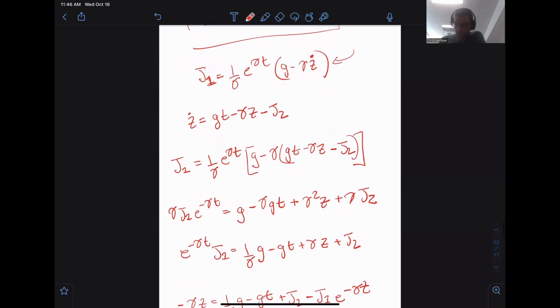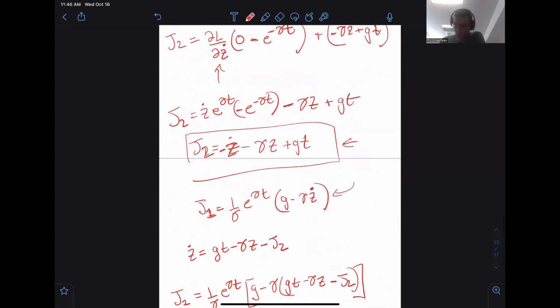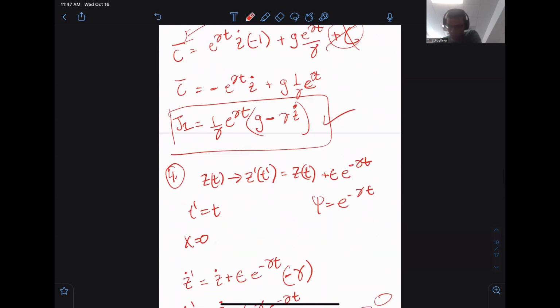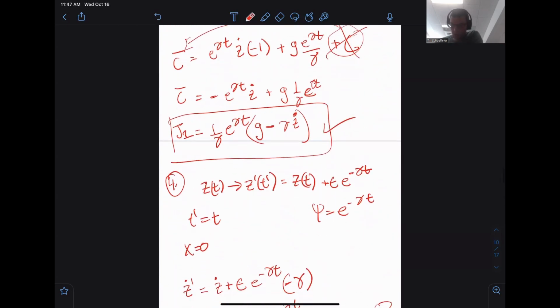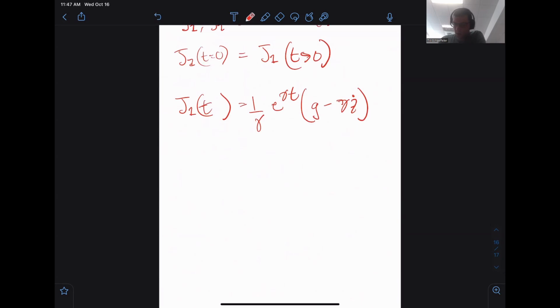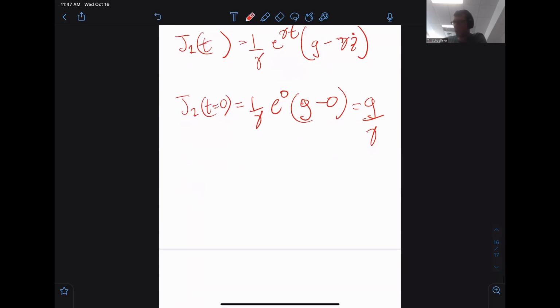J1 is equal to one over gamma e to the gamma t times g minus gamma z dot. So J1 at t equals 0, e to the 0, g minus 0 gives g over gamma.